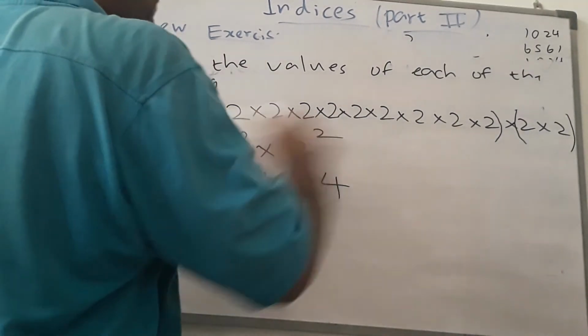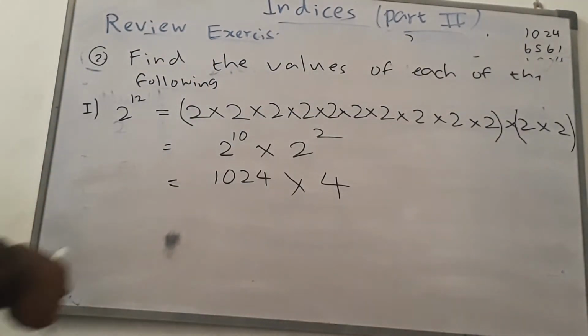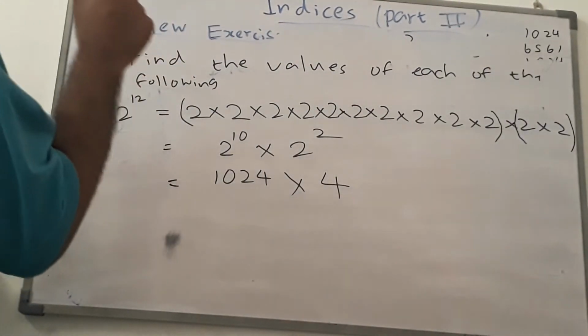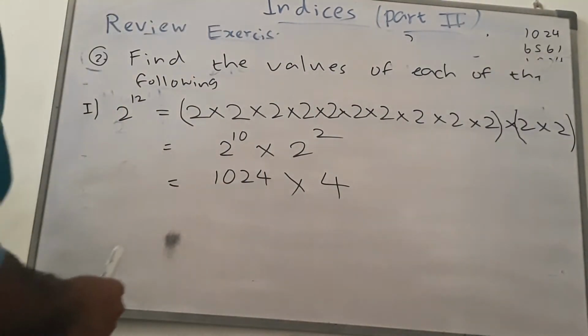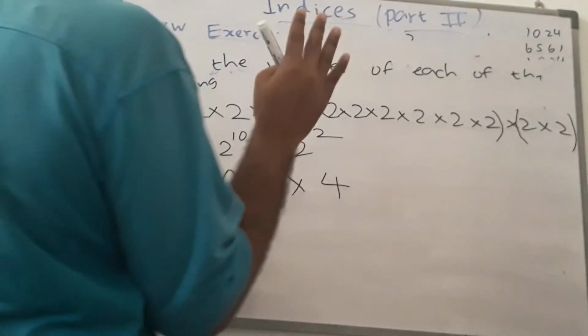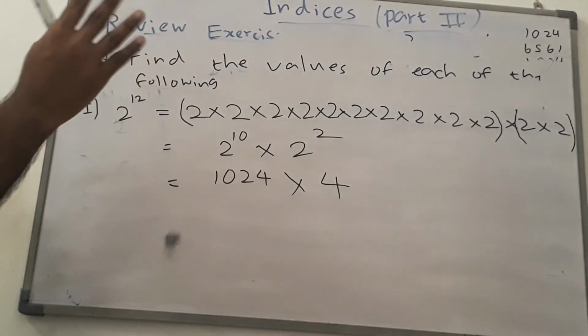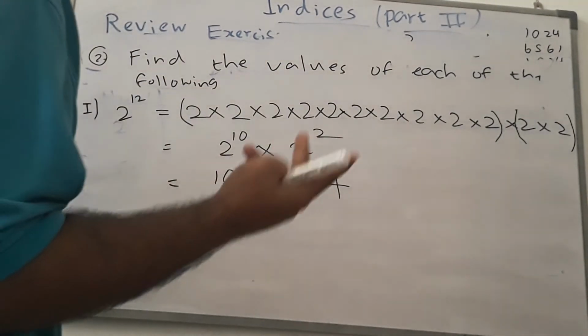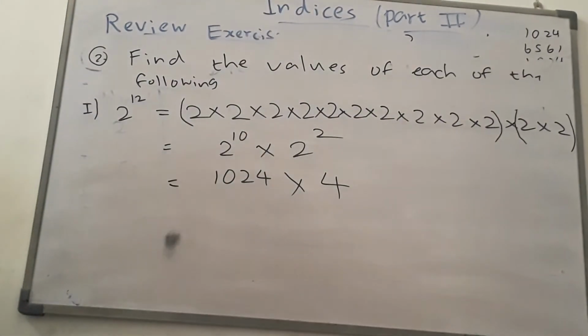Again we have to find the value of 2 to the power 12, so I expand it like this. There are 12 2's and I break it into two parts. First I kept the first ten 2's in one bracket and the last two 2's in the second bracket.